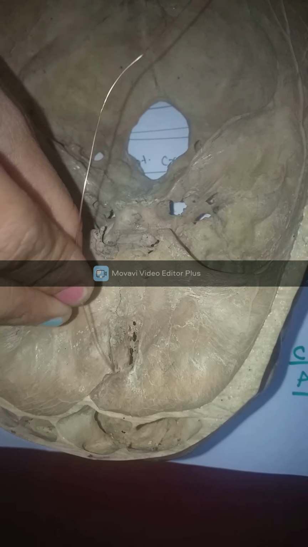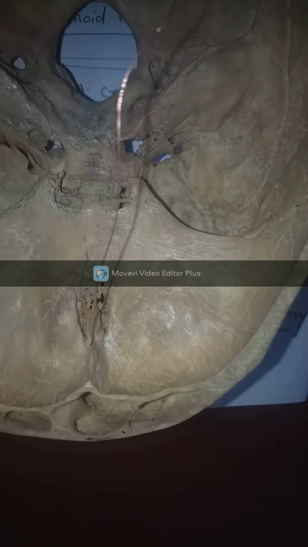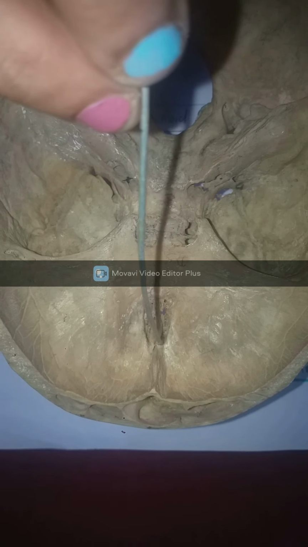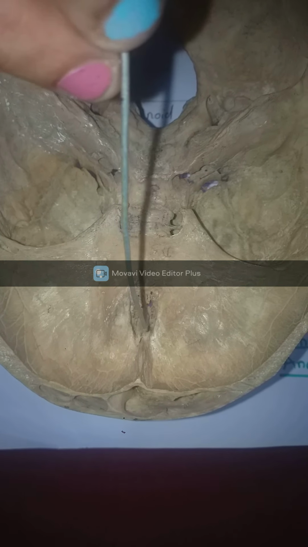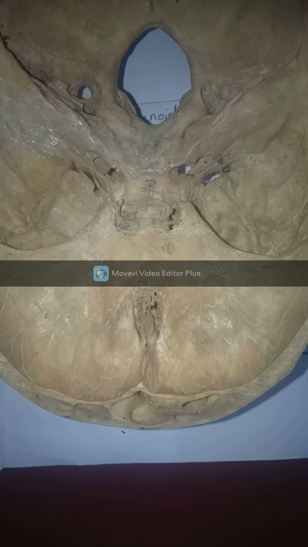And to be more precise, I am putting a very thin copper wire into this foramen. Okay, you want to see that? Look here. So that is the foramen cecum at frontoethmoidal suture, where the frontal bone meets the ethmoid bone, the line of suture.